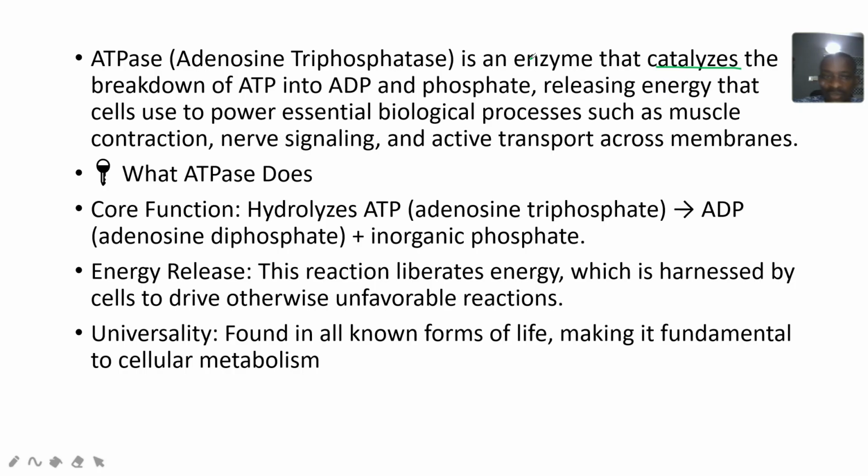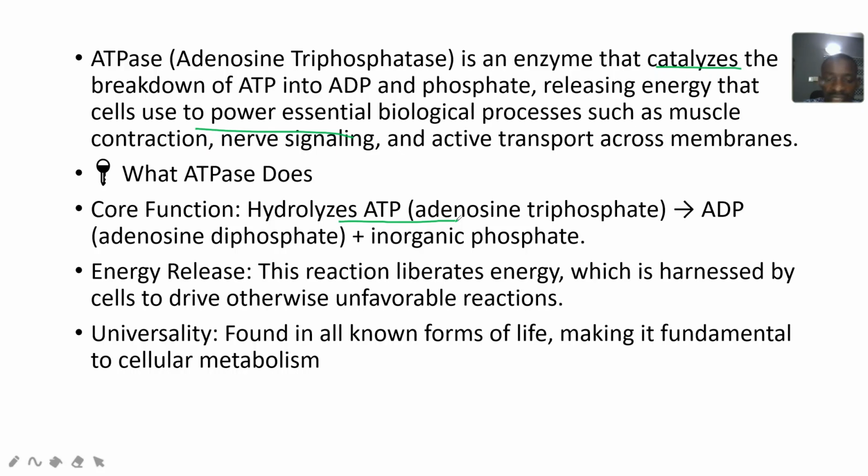It now releases energy that cells can use for muscle contraction, nerve signaling, active transport across membranes. So its core function is that it mediates this process of ATP being converted to ADP.